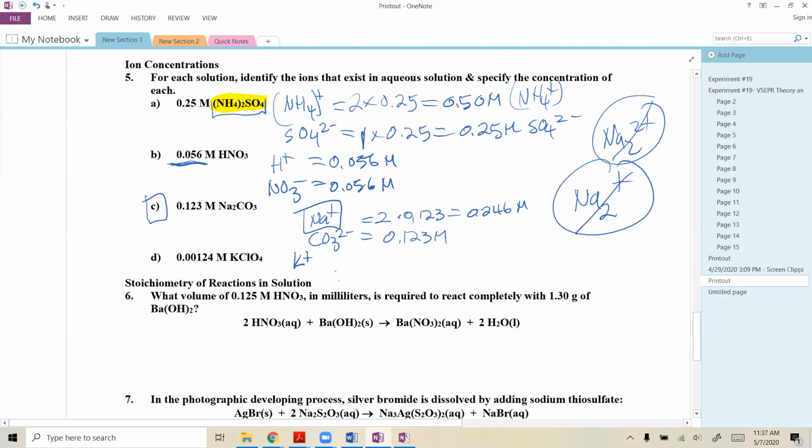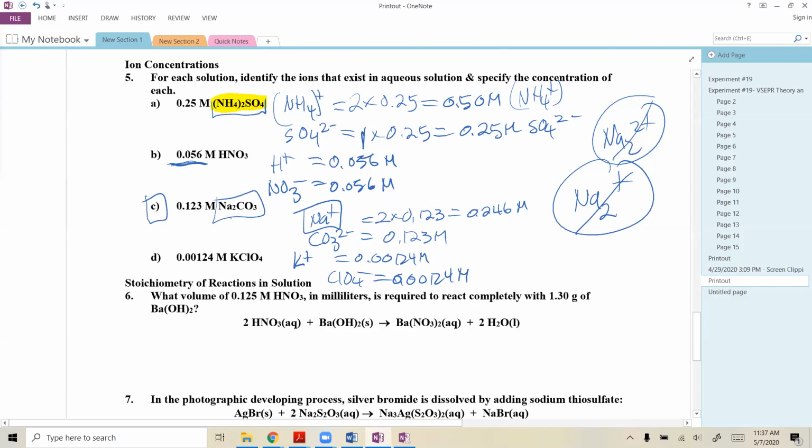We have potassium and chlorate. So how we're getting those numbers is that we're looking at this compound and we're looking at how it breaks down.